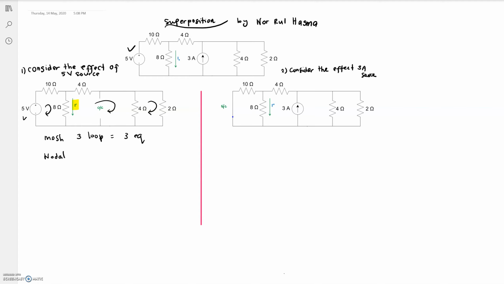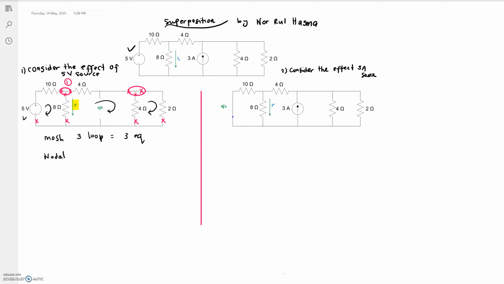I identify the essential nodes by using the X here, and then grouping the nodes so that they become essential nodes.